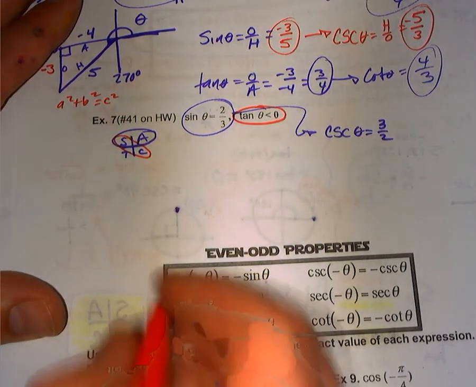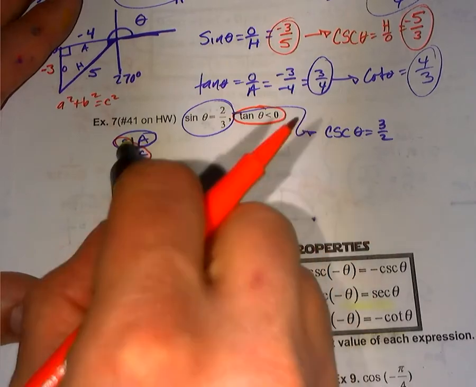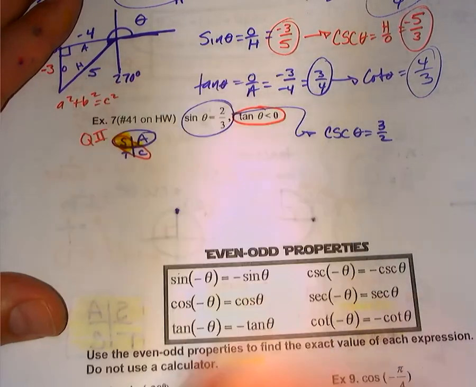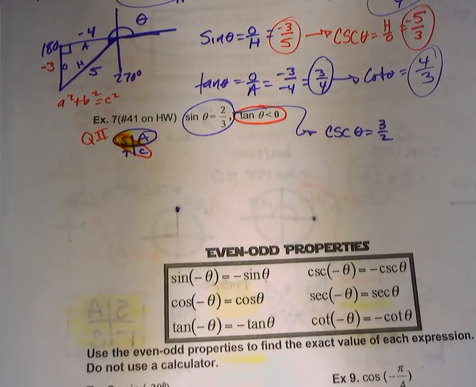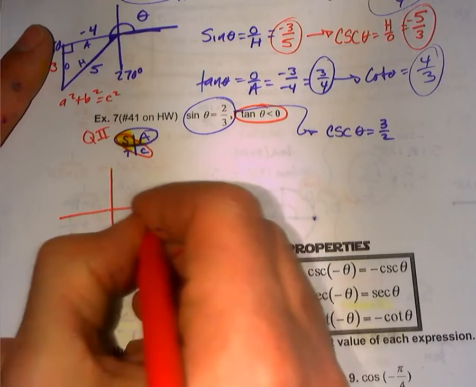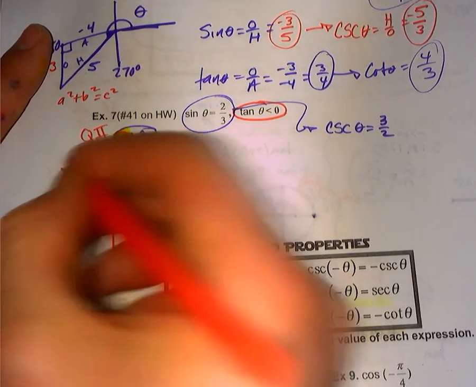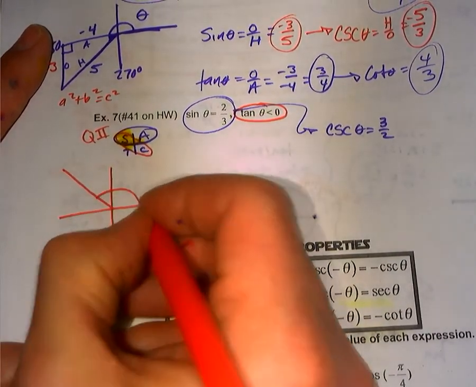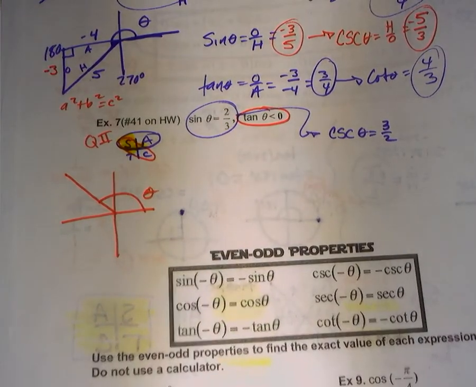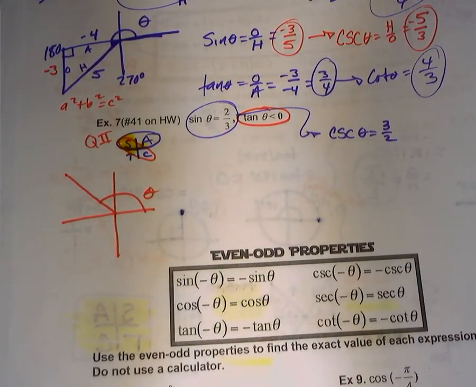So that tells me I'm right here in Q2. Now, I have no idea what that angle is, I just know it's in quadrant 2. I know it's between 90 and 180. So when I draw my triangle, this is just an arbitrary angle in quadrant 2. I have no idea what it is, and I don't really care. I just want to come up with the 6 trig functions of that angle.